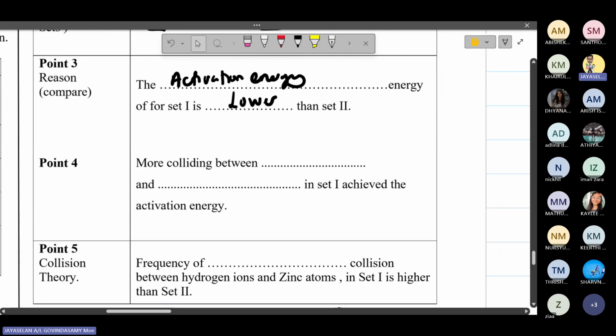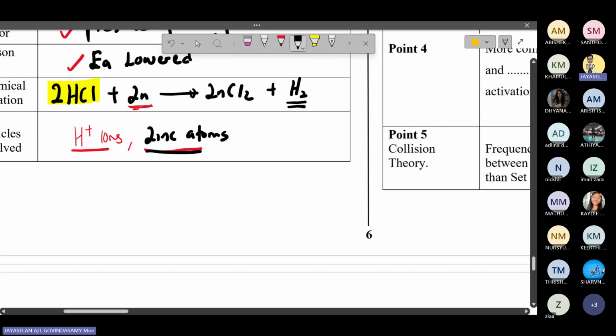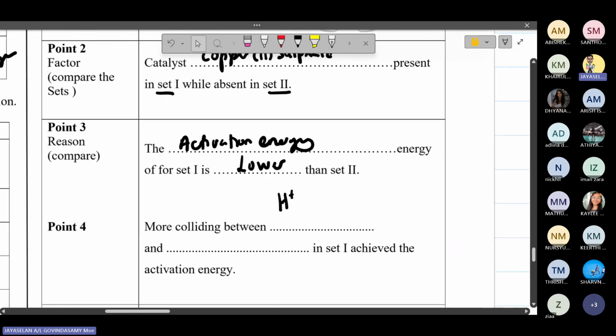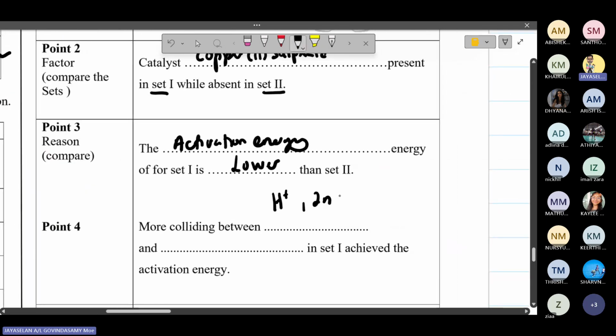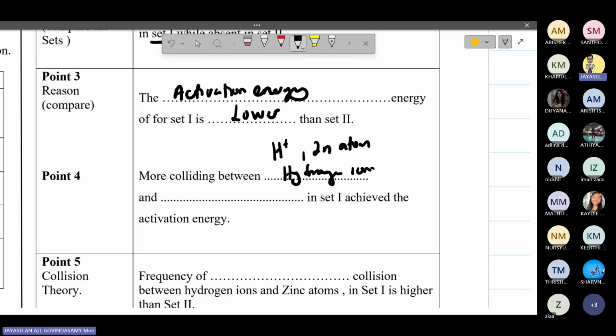When activation energy lower, banyak ion hidrogen dan zinc atom akan mula langgar. More colliding between hydrogen ion and zinc atoms will occur.